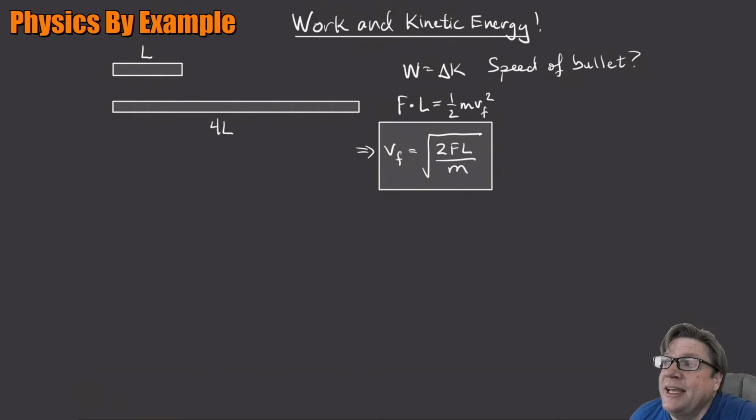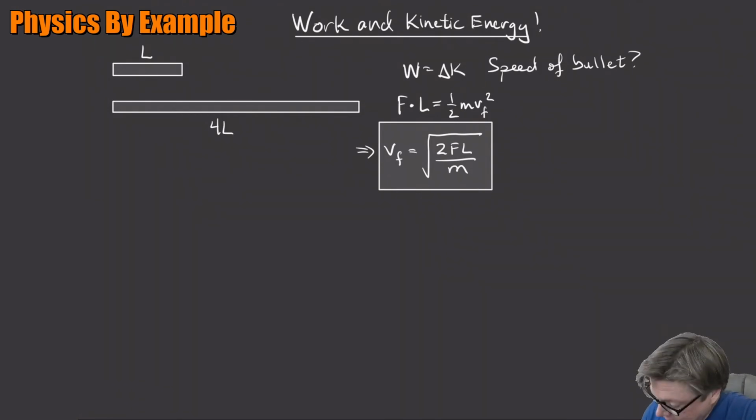So if I say, what if I increase the length by a factor of 4, then what effect does that have on the speed of the bullet? Does the speed of the bullet go up by a factor of 4? Naively, maybe that makes perfect sense. But you need to figure it out, because a lot of things in nature are not just linear like that. So in physics, a lot of times we'll just say, well, what happens if the length goes up by a factor of 4? By what factor does the velocity change?